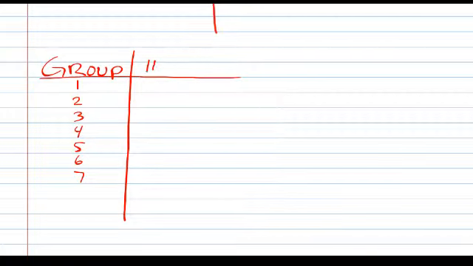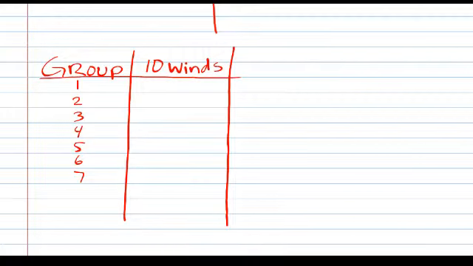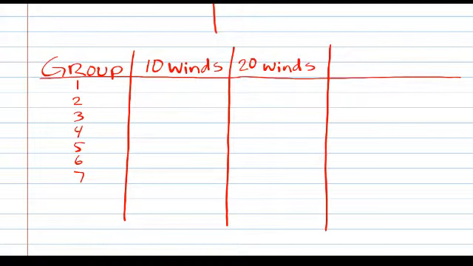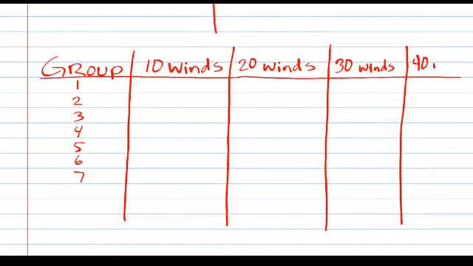Then we're going to have 10 winds, 20 winds, 30 winds, and 40 winds. Now, in just a minute, go through every group in your science class and ask how many washers they were able to pick up for each number of winds.